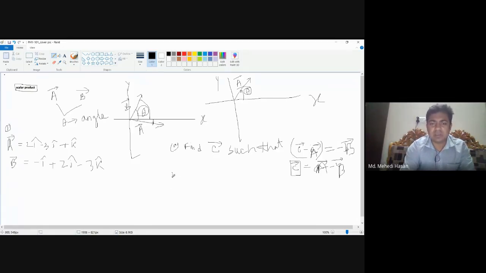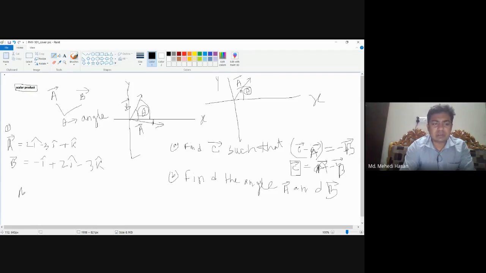Now question number B: find the angle between vector A and B. Okay, angle between A and B. So in this case, if the question asks to find the angle between two vectors A and B, then you have to use the scalar product.